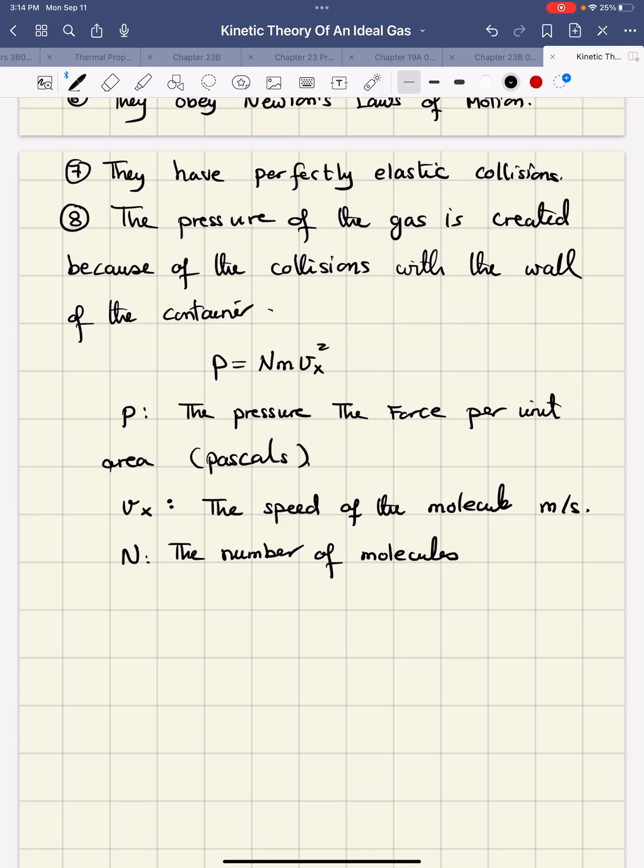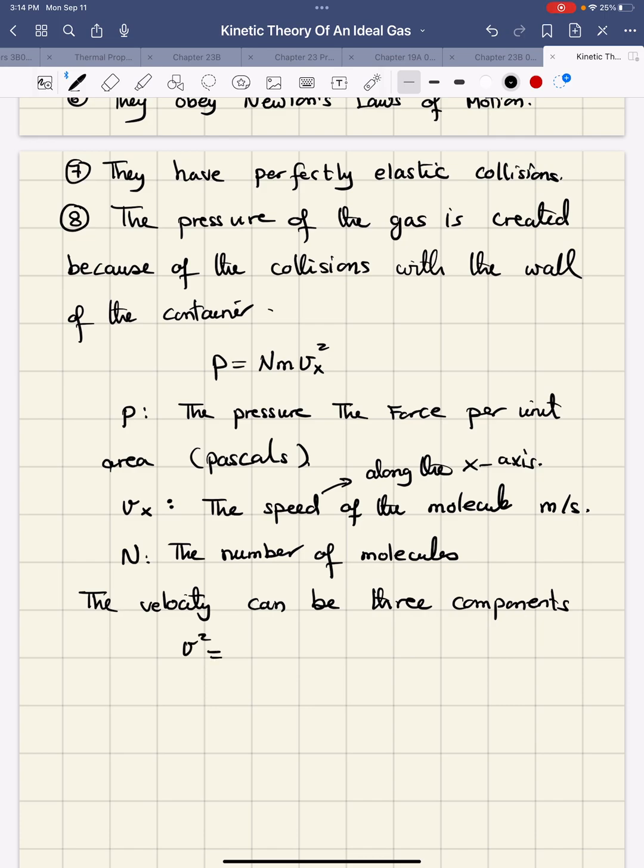Now, also, we need to know that the velocity can have 3 components. This one here is along the x-axis, but of course I might also have a velocity along the y, and a velocity along the z.